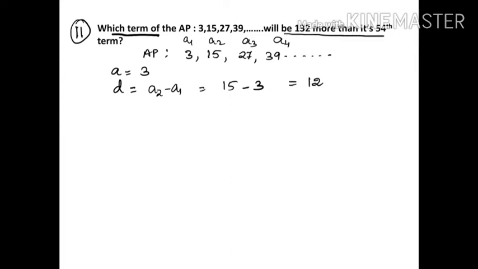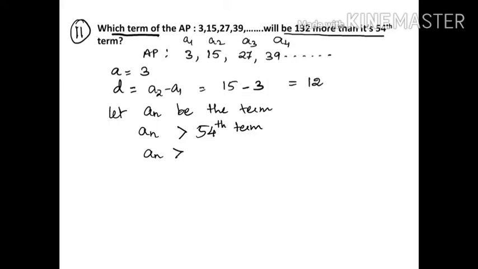This information has to be written as an equation. Let an be that term that we need to find, which is 132 more than its 54th term. So an is greater than the 54th term.